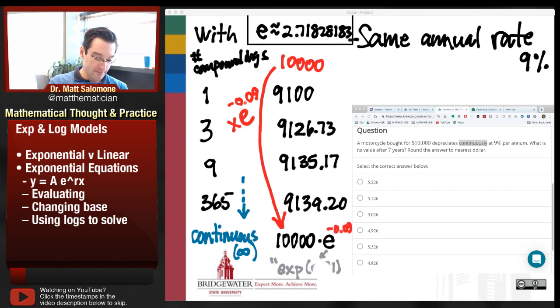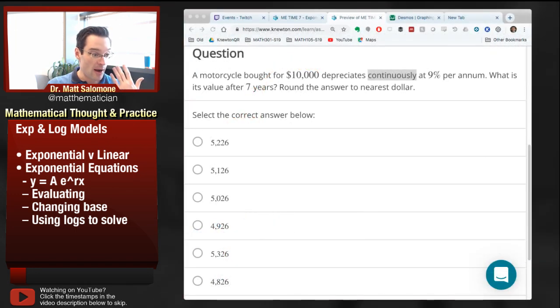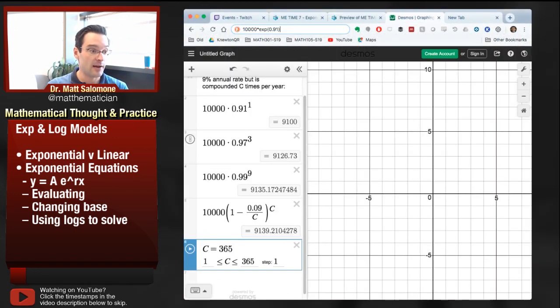That's what I get for eliding the calculus details, is that I'm not able to catch my own mistake there. Minus 0.09. And so that's what I end up needing to evaluate, which again, if I'm using a browser or something text-based as my calculation tool, I'll just write 10,000 times exp, parentheses, negative 0.09.